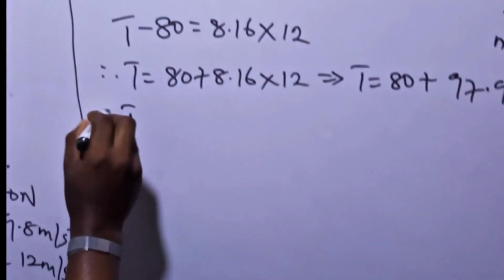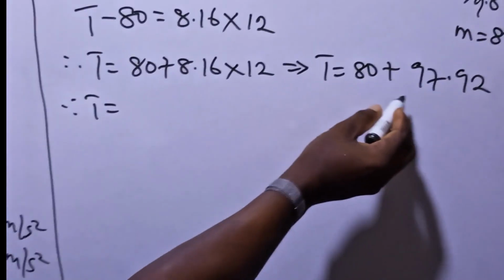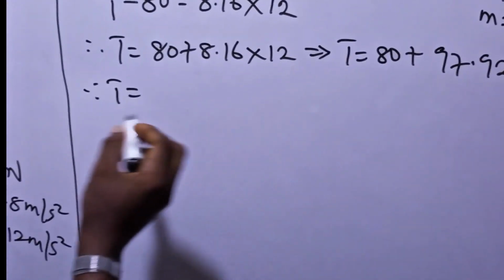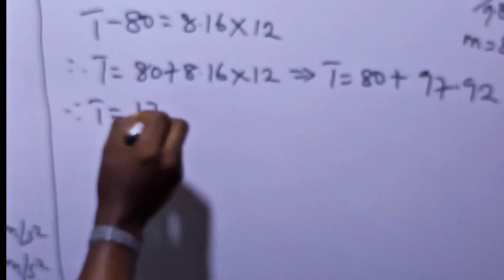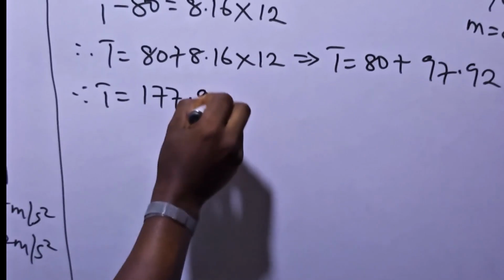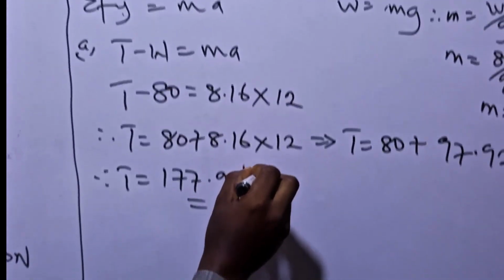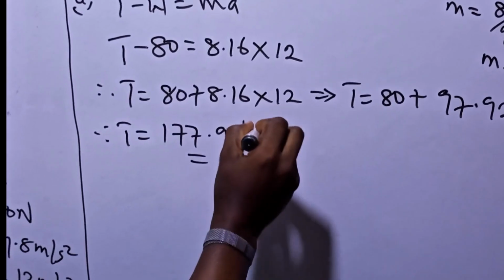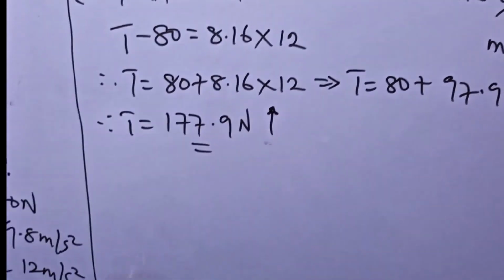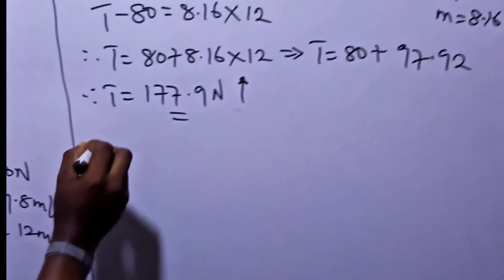Therefore, if you add 80 plus 97.92, the tension here will finally be 177.9 Newton. Now that is the tension if it's going upwards.